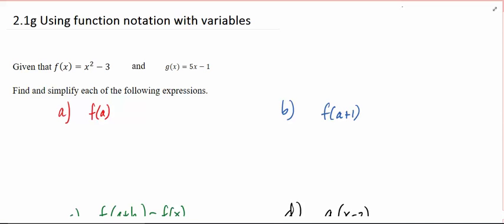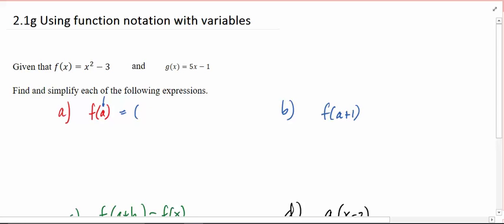All right, let's take a look at using function notation with variables this time. So we have two functions, f of x and g of x. The first one says find and simplify each of the following. So we're going to take a look at the f function, and instead of letting the x remain, we're going to put in what it tells us to put in, which is an a.